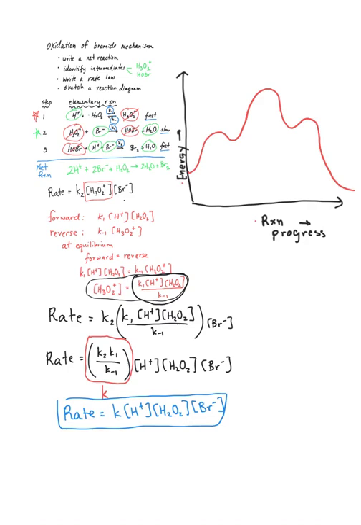In this reaction diagram, the first hill represents elementary step number 1. The second hill represents elementary step number 2. And this final hill represents elementary step number 3. Overall, the largest hill to climb represents the largest barrier to the reaction moving forward, and so determines the overall rate of our reaction.